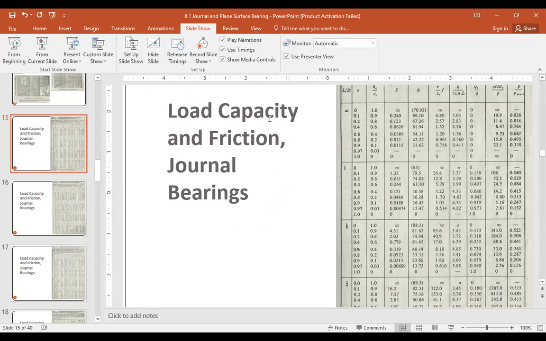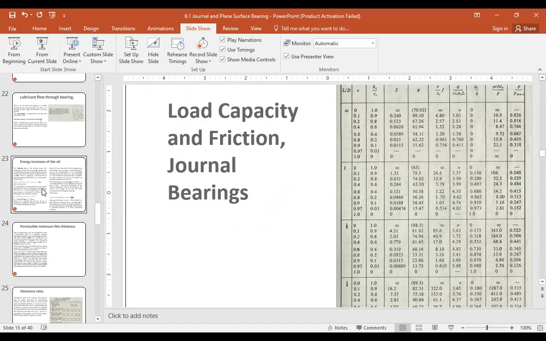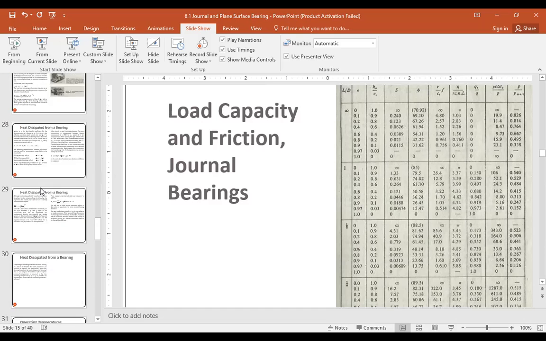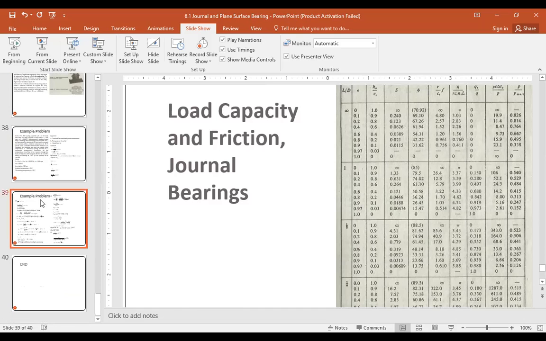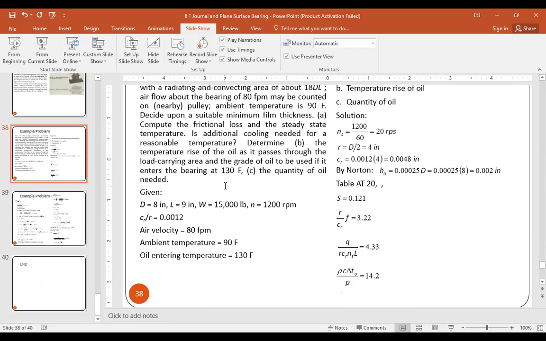Yan eh. Equation 15. L over D, hindi ko na nagay dito.